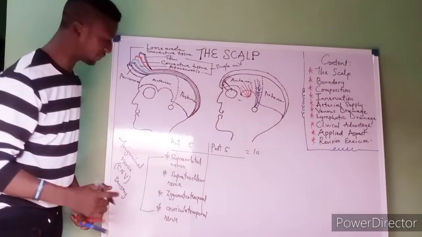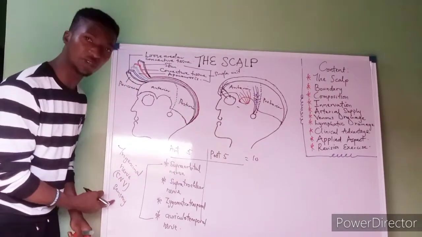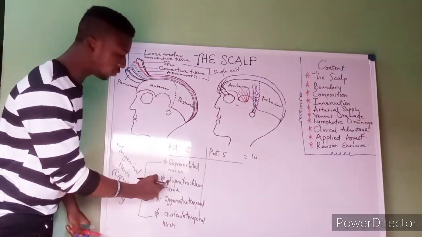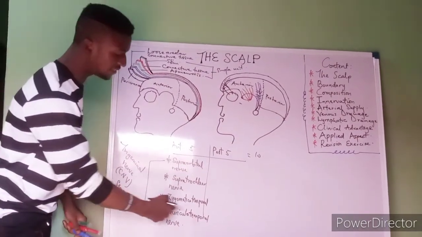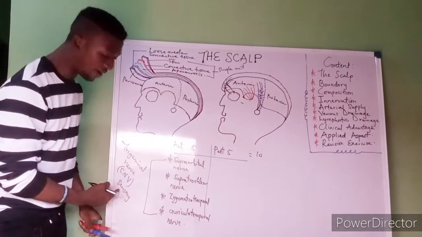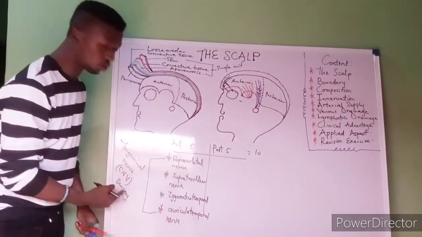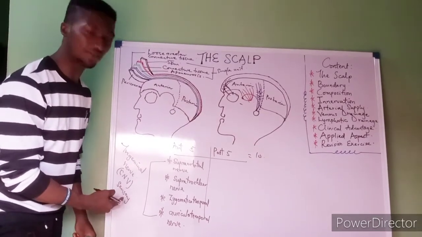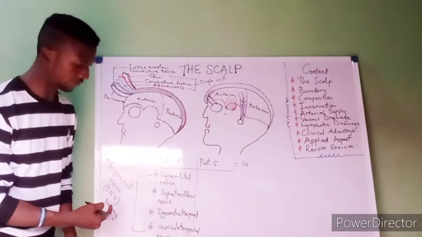So it means that the supraorbital nerve will be carrying sensory impulses. The supratrochlear nerve is carrying sensory innervation. The zygomaticotemporal nerve will be carrying sensory innervation. The auriculotemporal nerve is also carrying sensory innervation.